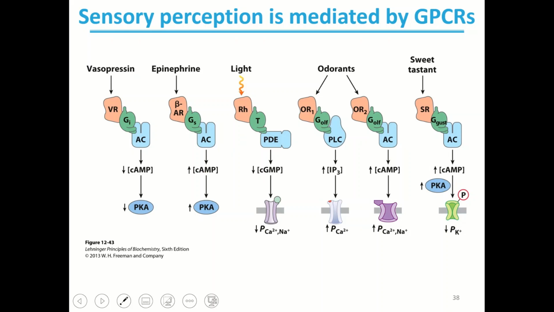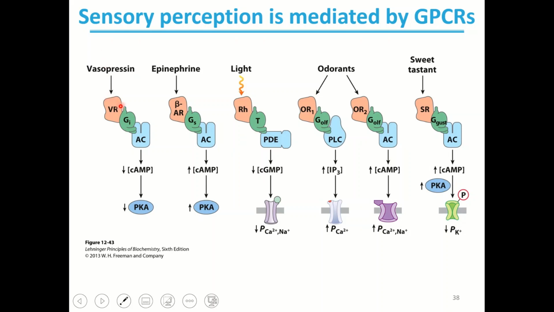Okay, so these two would be examples of things that are acting on the same sort of physiological responses, but in opposite ways. Okay, vasopressin actually has a G protein with the sub-I. So that's an example here of an inhibitory G protein.